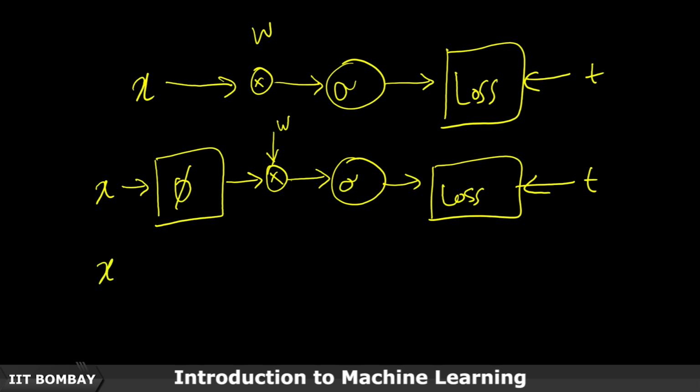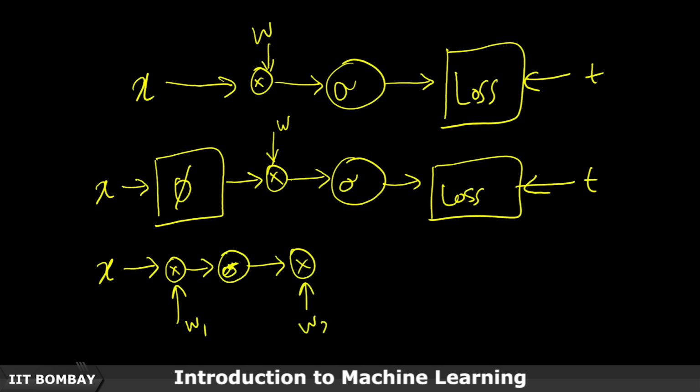What is happening in neural networks is slightly different. We are taking the input, multiplying it with some weights w1, and then sending it to a nonlinearity sigma. Whatever we get out of that we multiply with w2, send it to another nonlinearity sigma, and this continues until we get the output.